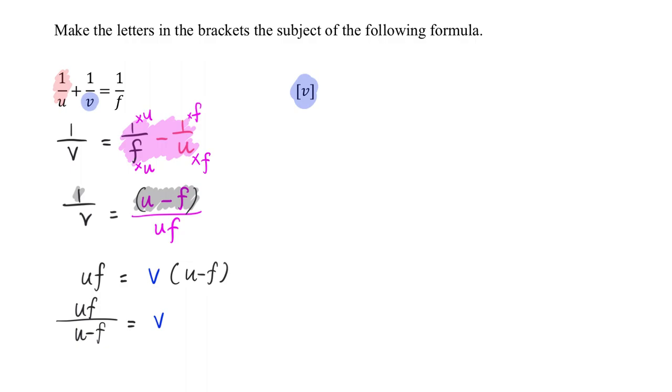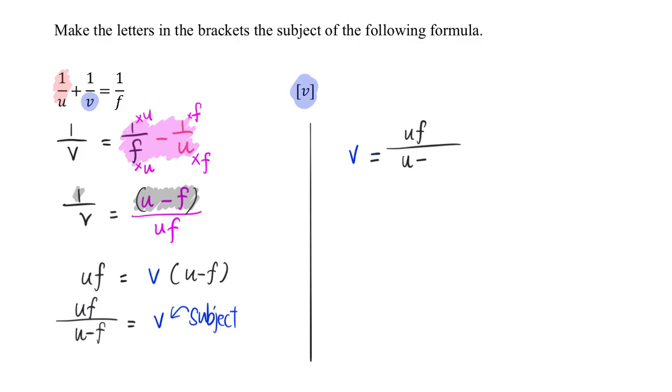And do take note, this is not the final answer, because in order for it to be considered a subject, we must make sure that it is written on the left hand side. Good job. And therefore V will be equals to UF over U minus F. And that will be the final answer for this problem.